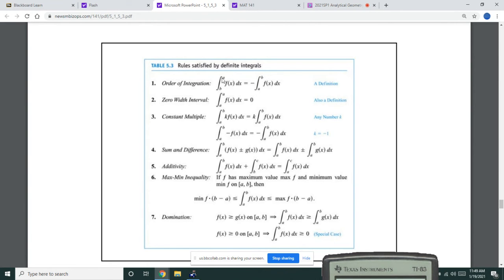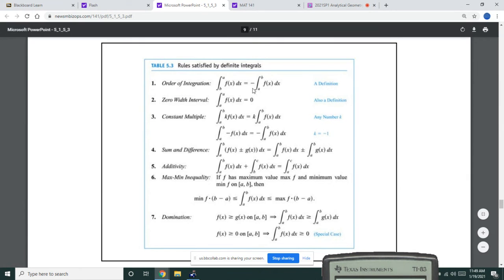Let's say the integral from 6 to 0 of f of x dx was equal to 5. If I were to reverse those limits, that integral will be equal to -5. Okay, so we'll take a look at that in a second. There's a zero width interval. It says that the integral from a to a of f of x dx is equal to 0.